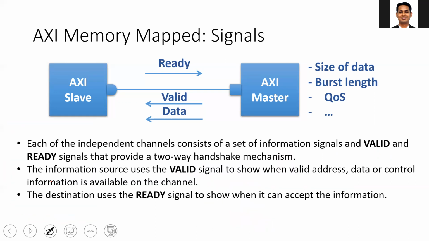So each of the independent channels consists of a set of information signals along with the valid and the ready signal that provides the two-way handshake.